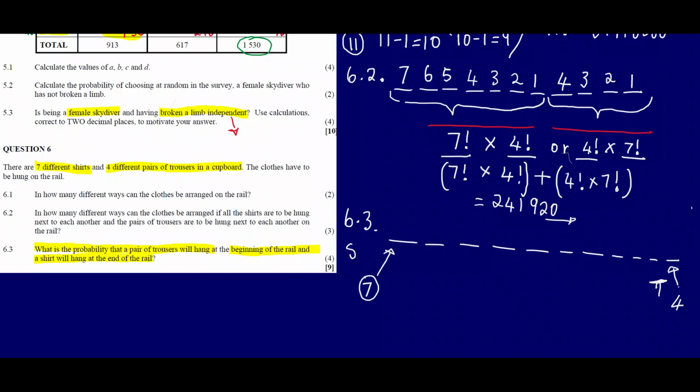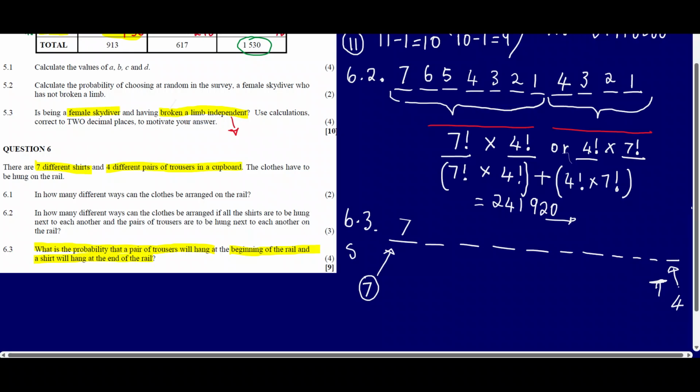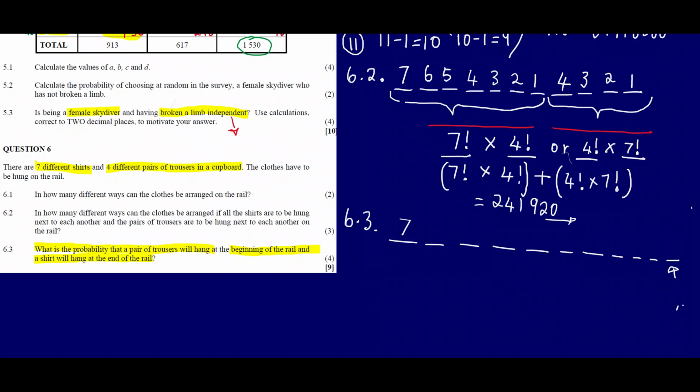So let's take a look at what could possibly occupy. How many options do we have for the first one? For the first one, we have strictly seven options. So we're not going to have any more options. It's only any of the 7 shirts that should occupy the first. Oh, I think they're saying the trousers, right?